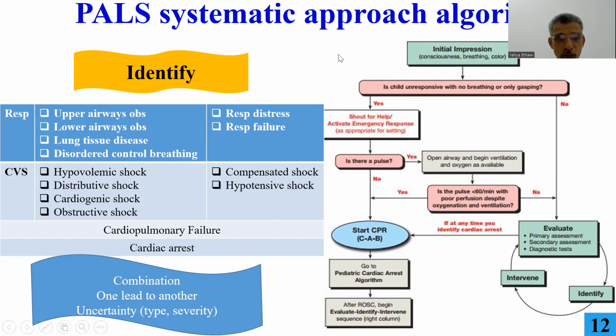All of these will lead to cardiopulmonary failure and then cardiac arrest. They might present alone or in combination. And sometimes we are uncertain why this happened, uncertain of the type and also uncertain of the severity. So this is our identification in the primary assessment.